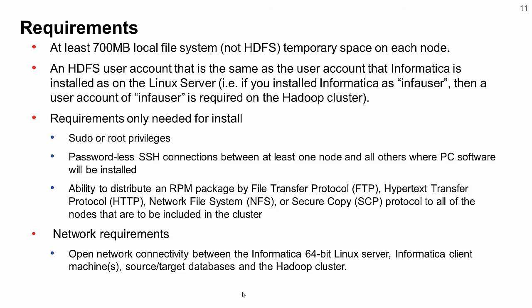You'd need at least 700 meg of local file system. Remember, not HDFS, on each of the nodes, because the binaries do take up some space there. Like I said in the previous slides, it's a very skinny version of the Informatica DTM engine that has been packaged for the Hadoop cluster.